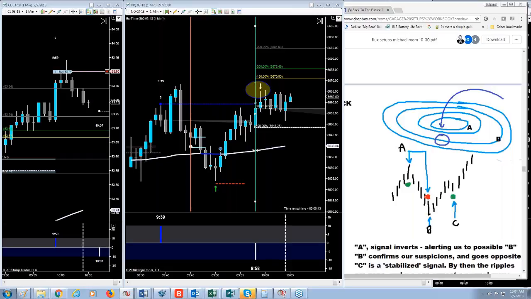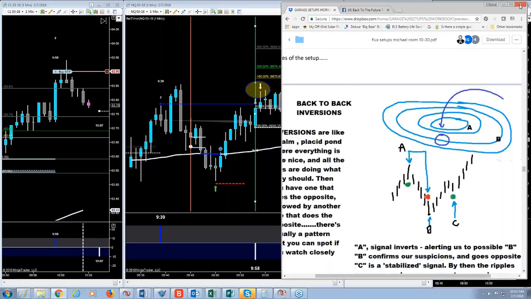It's a great pattern to master if you can get your head around it. It comes up all over the place. Comes up on daily charts, comes up on minute charts. That book right there is a good book to spend some time with.